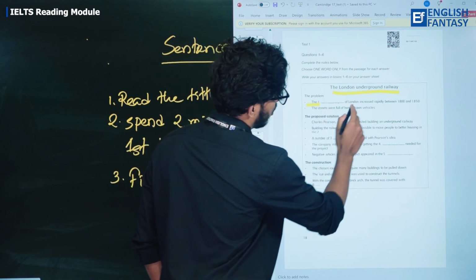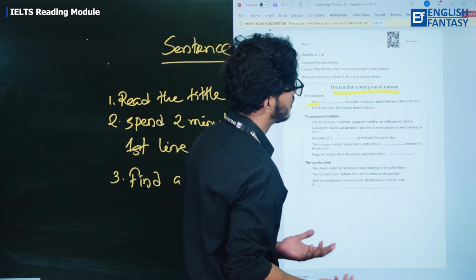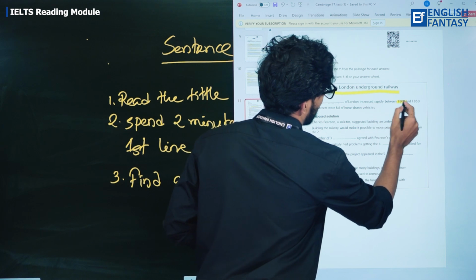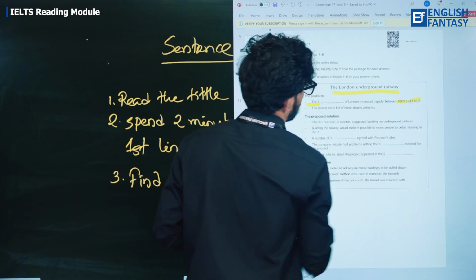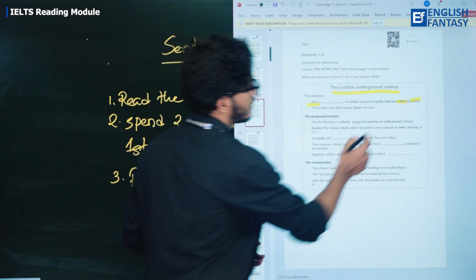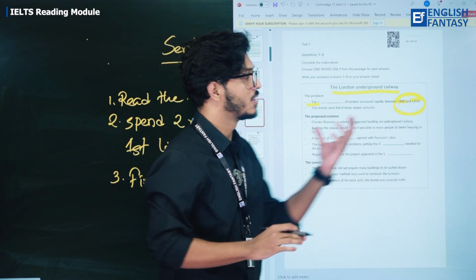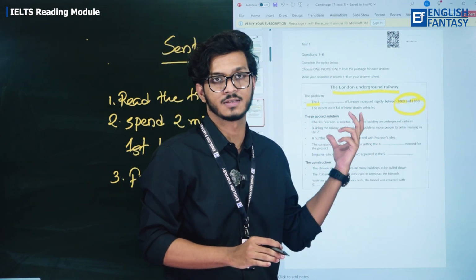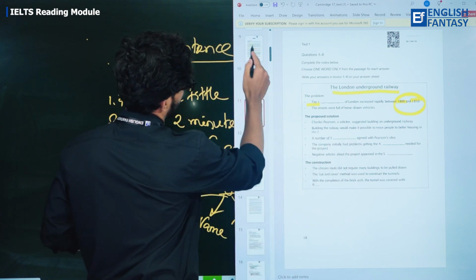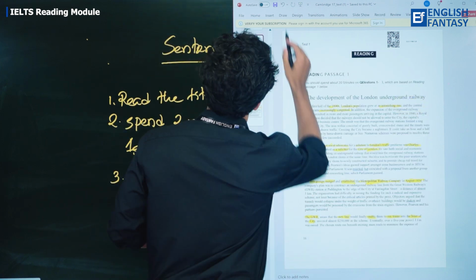The dash of London increased rapidly between 1800 and 1850. So our strong keyword is 1800 and 1850. This is the easier keyword to find from the passage. So let us find it in the passage.